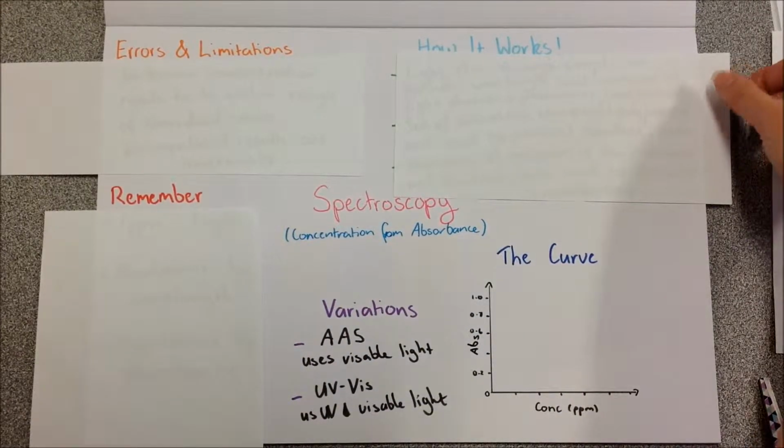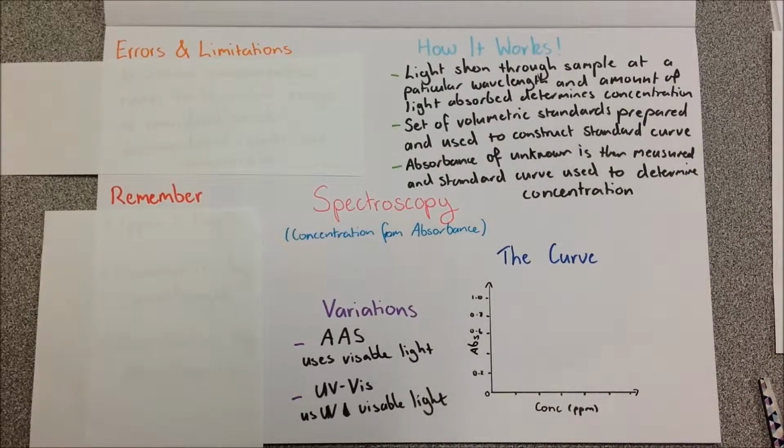So a quick recap of how it works is that a light is shone through a sample at a particular wavelength, and the amount of light absorbed by the substance determines its concentration. So that's the principle on which AAS and UV-visible spectroscopy works.